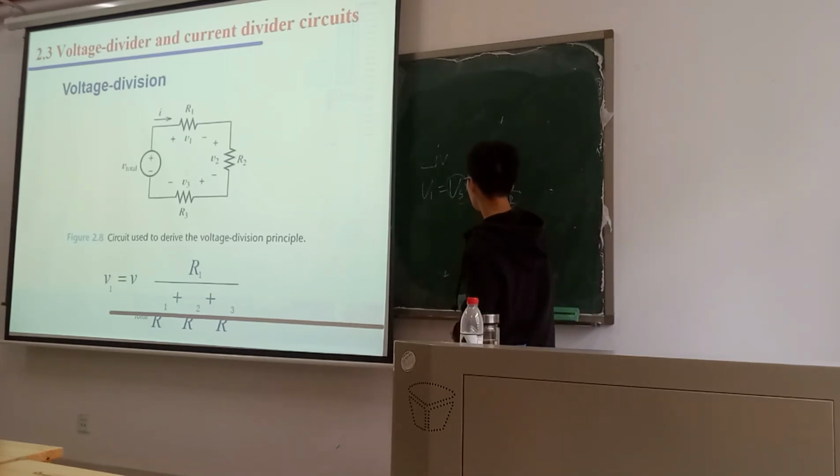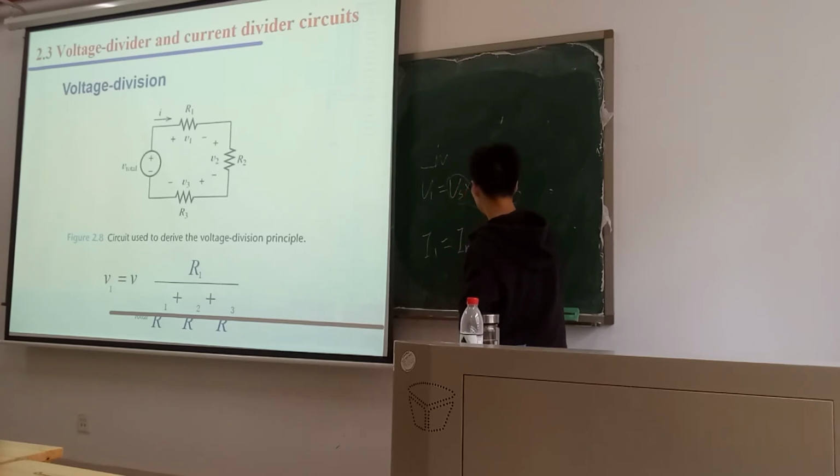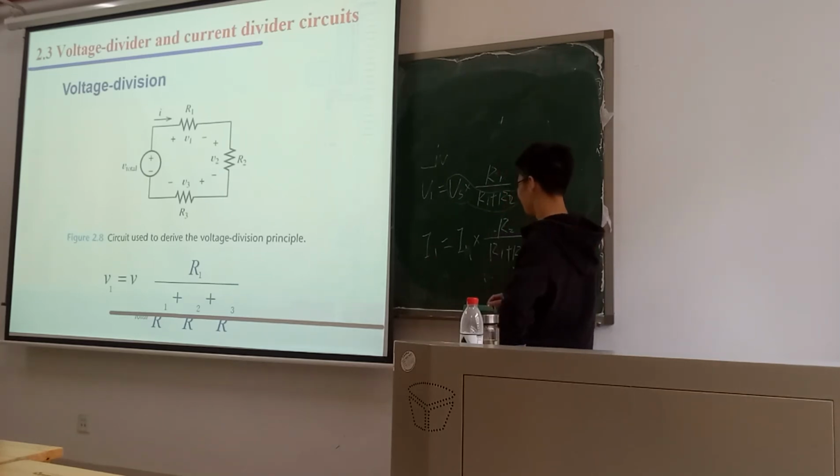And for the current division, I1 equals I multiplied by R2 over R1 plus R2.